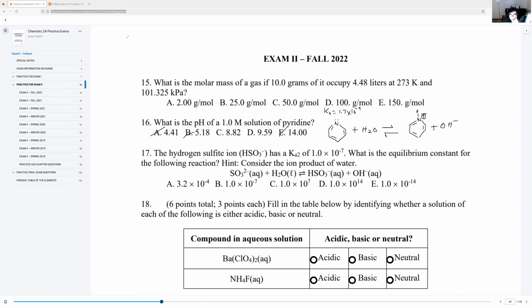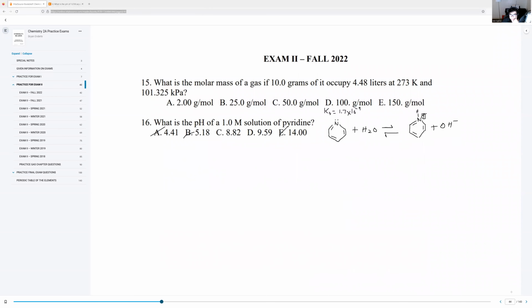All right, now what we can do is do an ice table. So if I have pyridine, I'm just going to do it over here. Pyridine is my weak base. So I start with 1 molar.